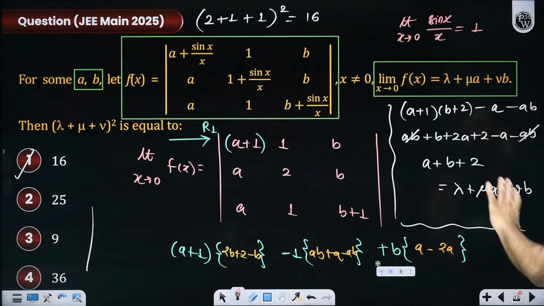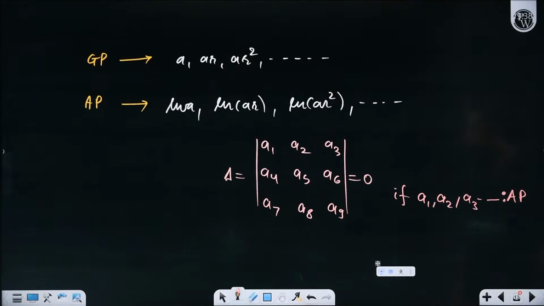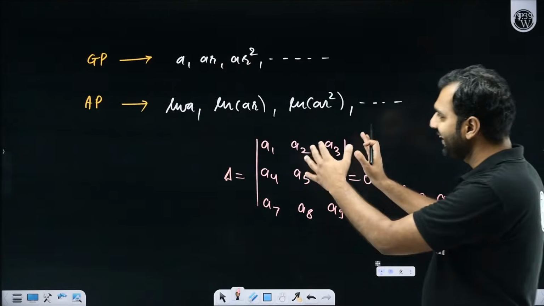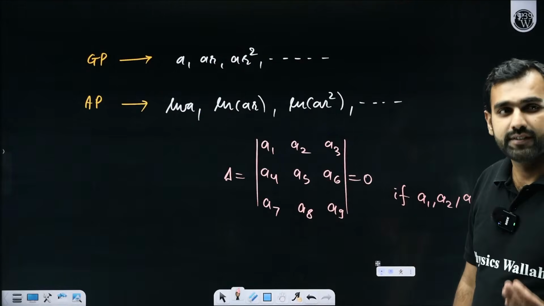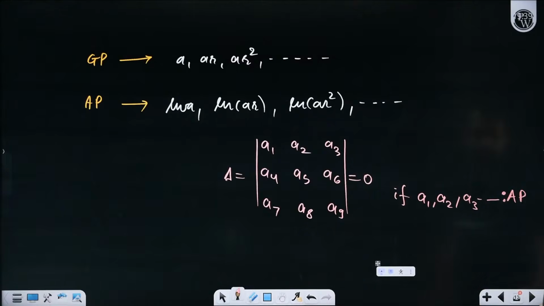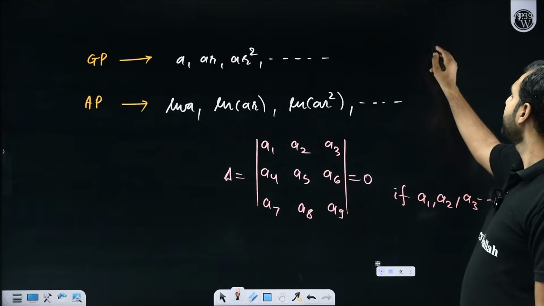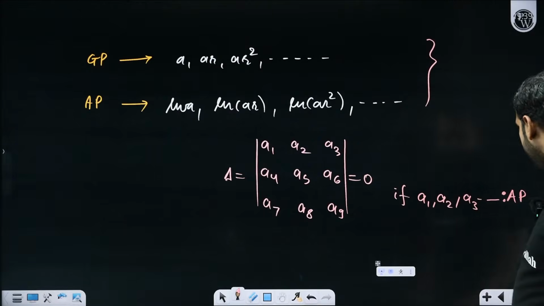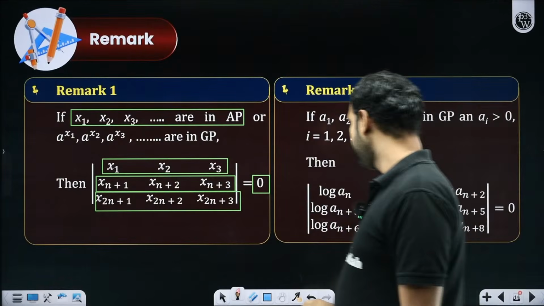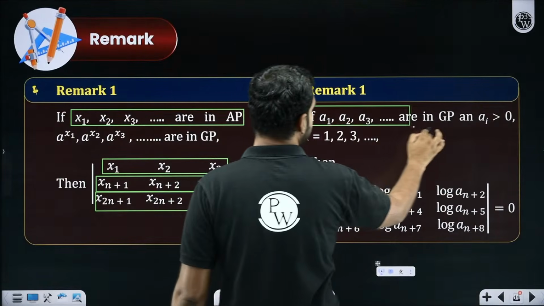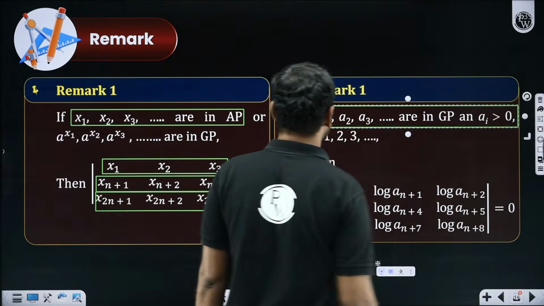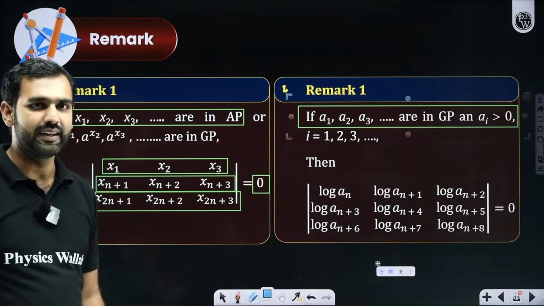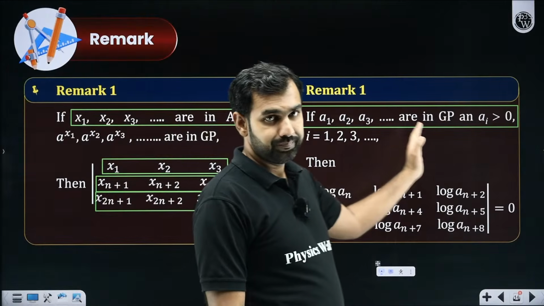So I think you have gotten a decent clarity about this property, that if terms are in AP and if you take its determinant, it will be 0. Second conclusion. I am deriving the second conclusion from here. Please pay attention to this part. If there are terms in GP, so A1, A2, A3, they all are in GP.